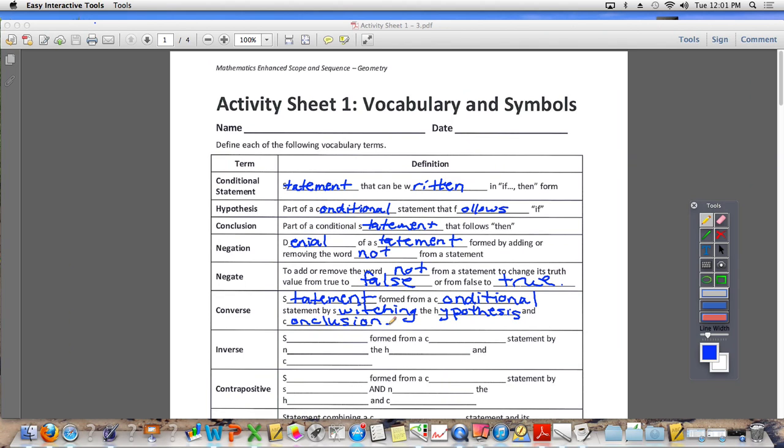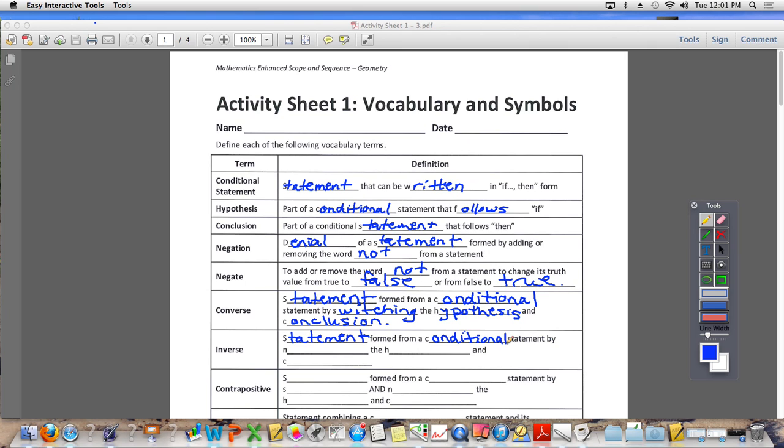The inverse, new word. It is a statement formed from a conditional statement by, what do you think that word is, starting with an N?